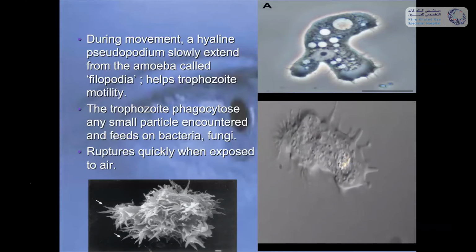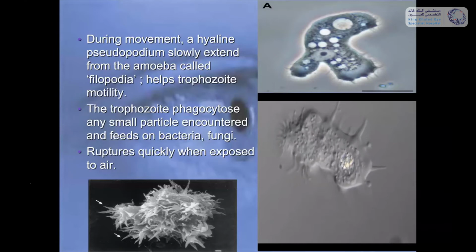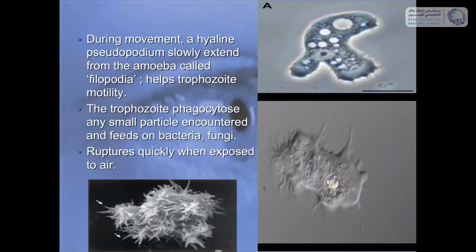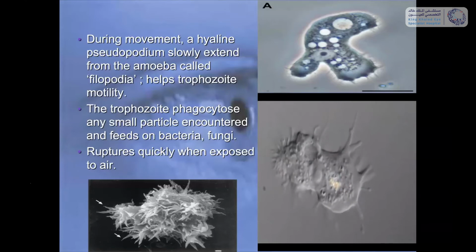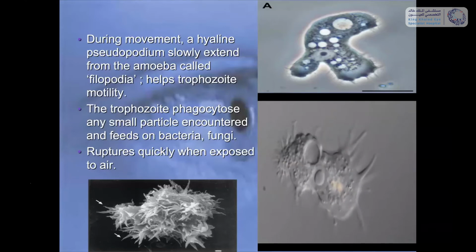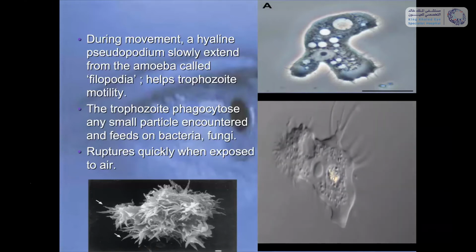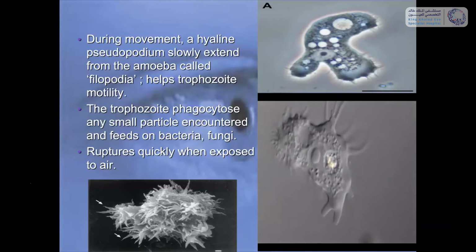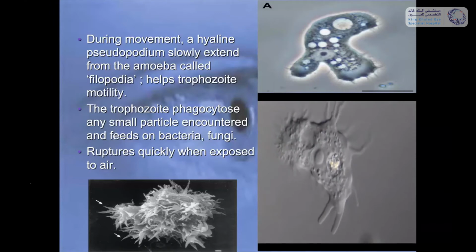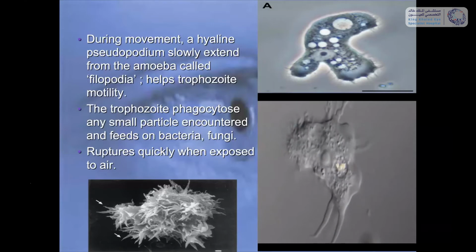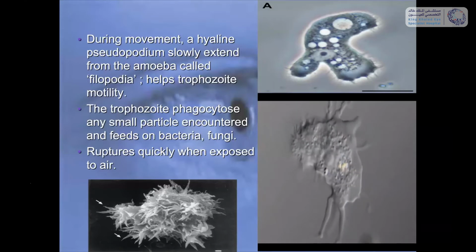This helps the trophozoite with motility. During this movement, it phagocytoses any small particles encountered, like bacteria and fungi, so it feeds on these organisms. But once the trophozoite is exposed to air, it ruptures easily.